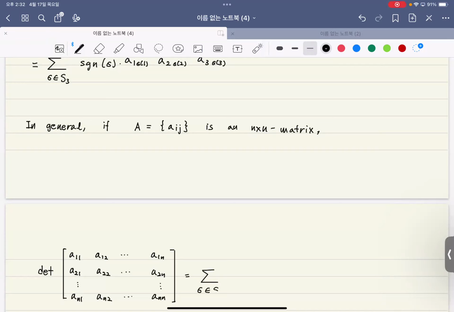the summation over all permutations in the n permutation group, times the sign of this permutation, times A1 sigma 1, A2 sigma 2, An sigma of n.